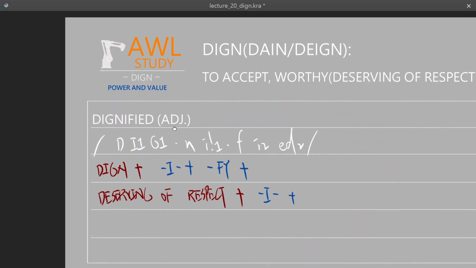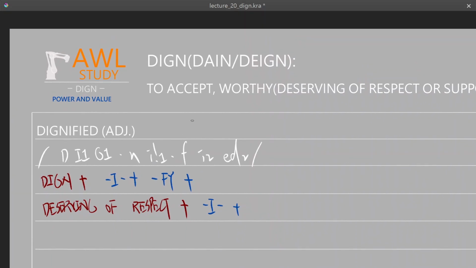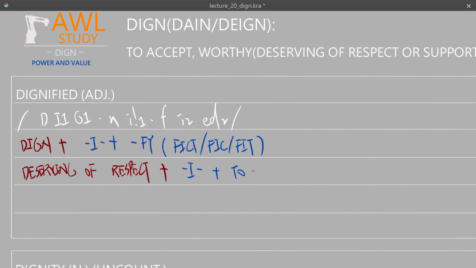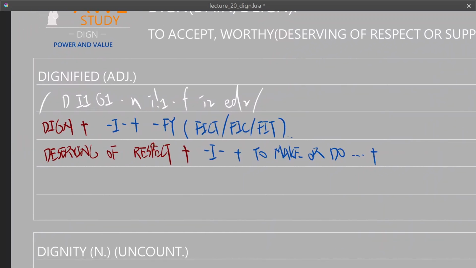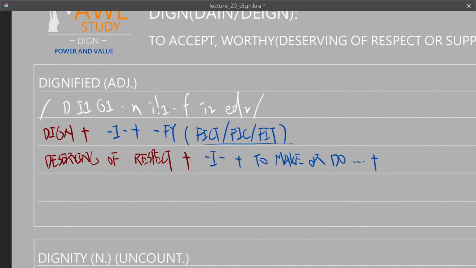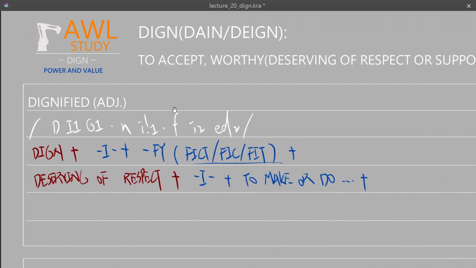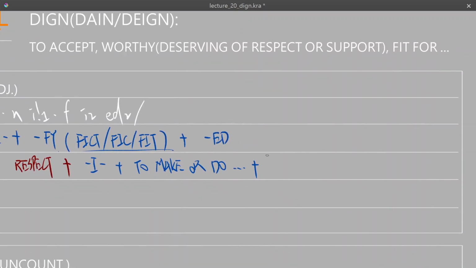The suffix fy is a variant of the root fic, or fac, meaning to make or do something. We are going to study this root in future videos, so stay tuned for future updates. And we have the adjective suffix -ed, meaning relating to something.